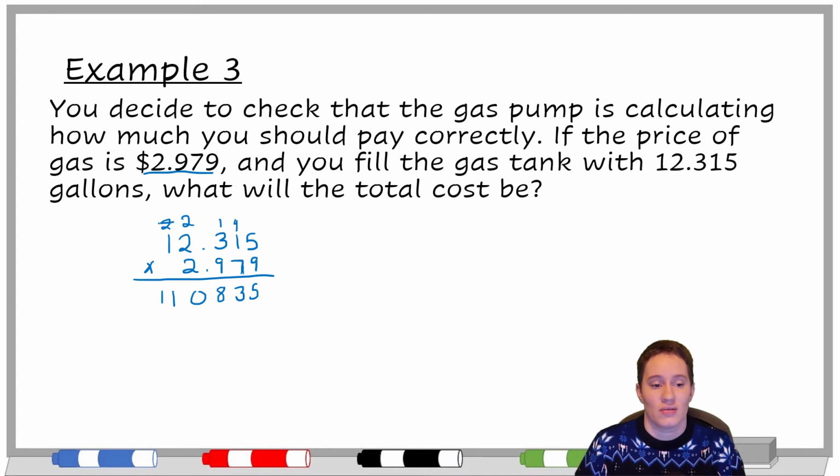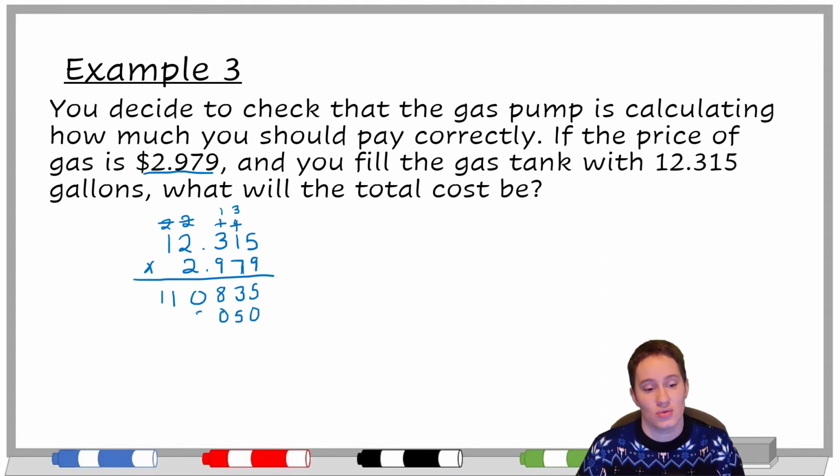Now let's mark these out, write down our 0, and then do it all again, but with 7. 7 times 5 is 35. 7 times 1 is 7, plus 3 is 10. 7 times 3 is 21, plus 1 is 22. Write down our 2, carry our 2. 7 times 2 is 14, plus 2 is 16, so 6, and carry our 1. 7 times 1 is 7, plus 1 is 8.